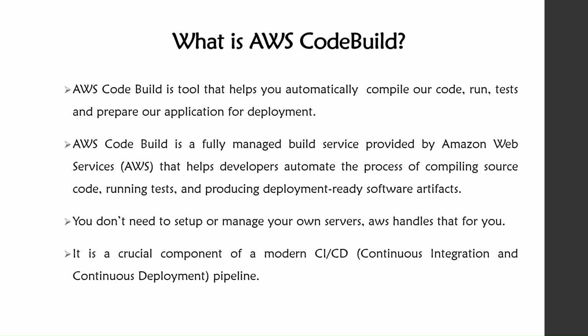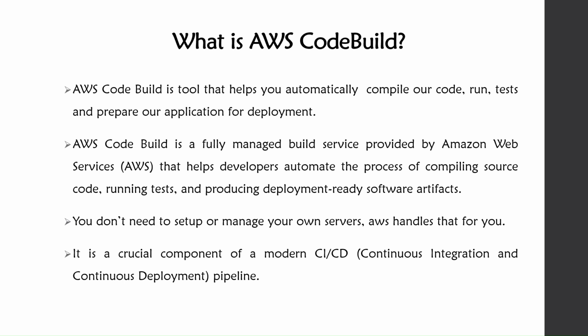It is a fully managed build service provided by AWS, Amazon Web Services, that helps developers automate the process of compiling source code, running tests, and producing deployment-ready software artifacts. And you don't need to set up or manage your own servers.